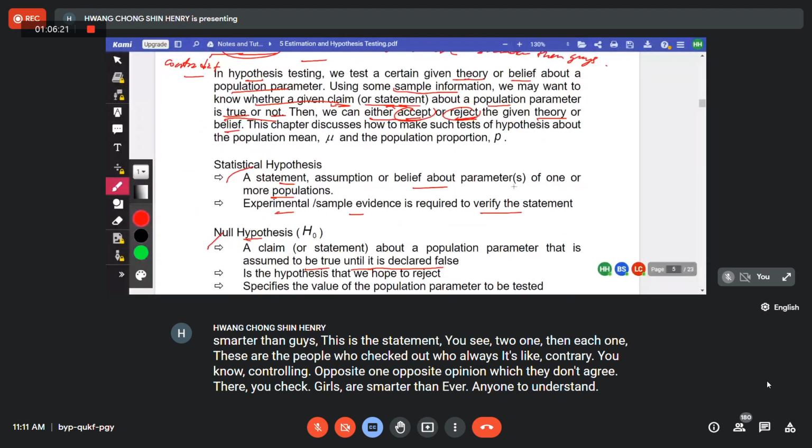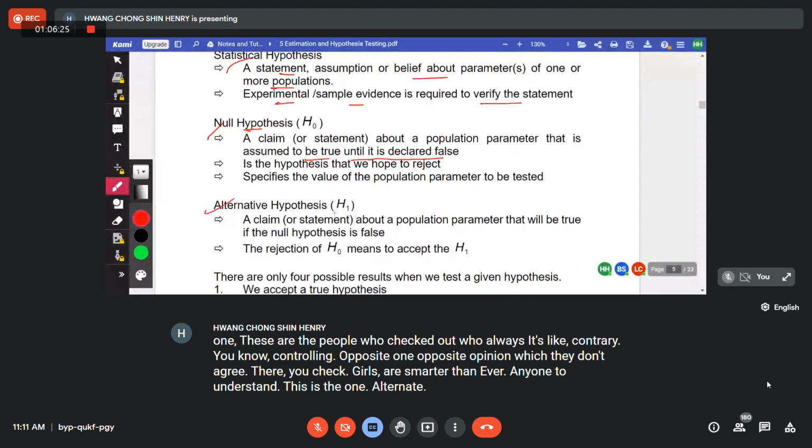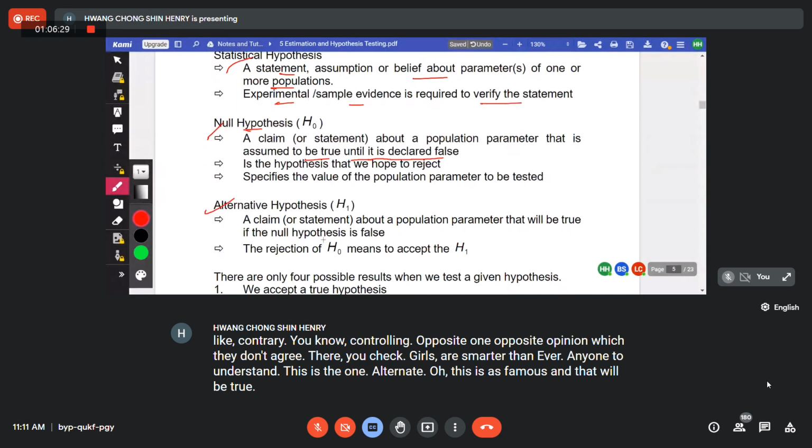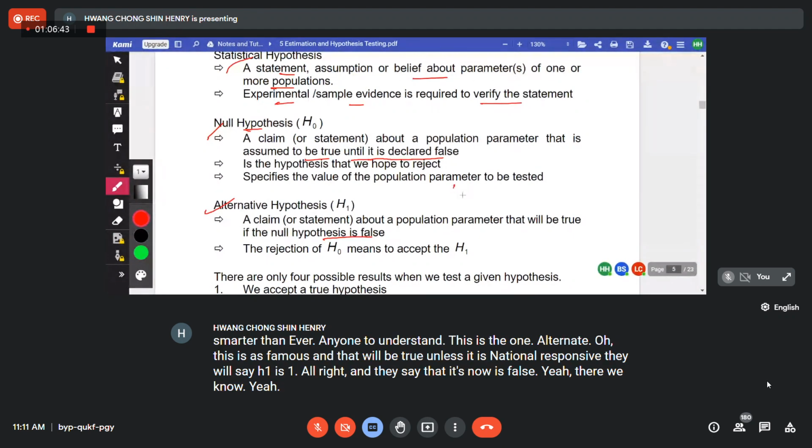Anyone don't understand? This is the alternate hypothesis: a claim or statement that will be true unless H0 is true. They will say H1 is the correct one, and that H0 is false. The other way around, if H0 is correct, then H1 will be wrong.